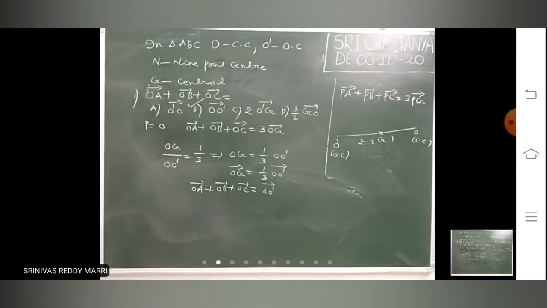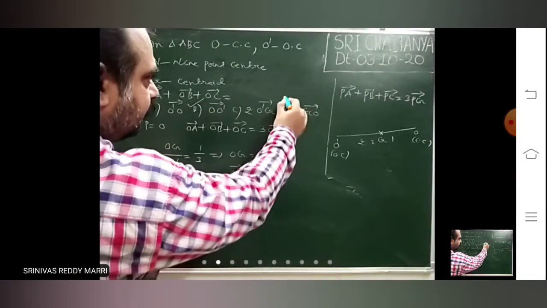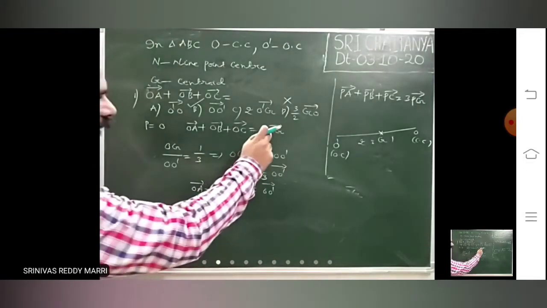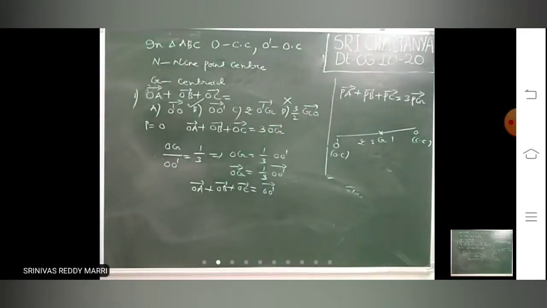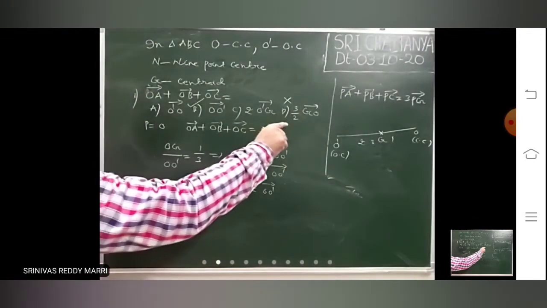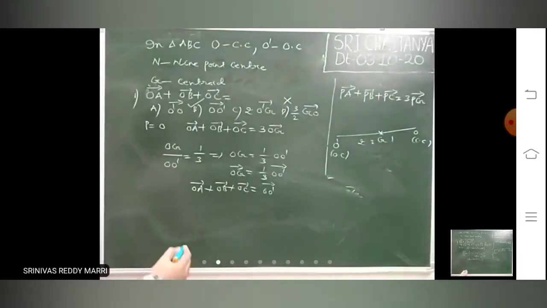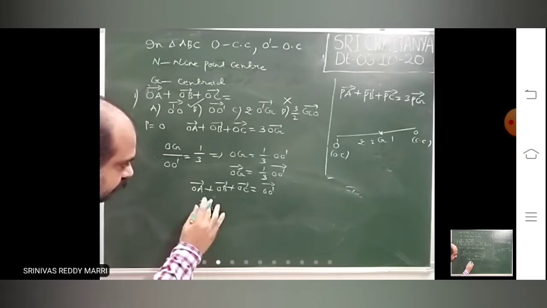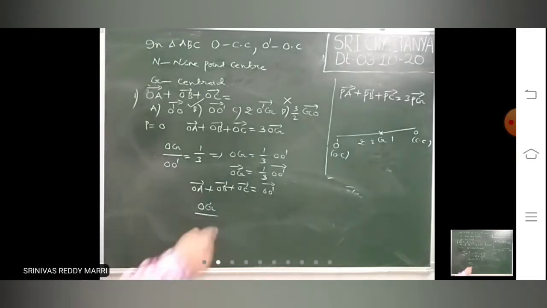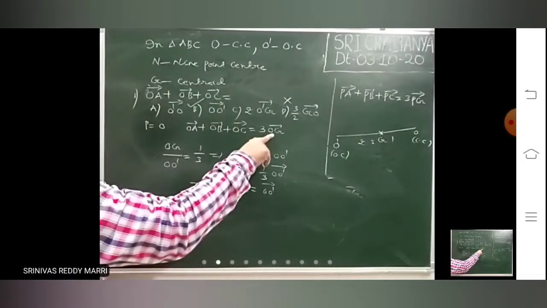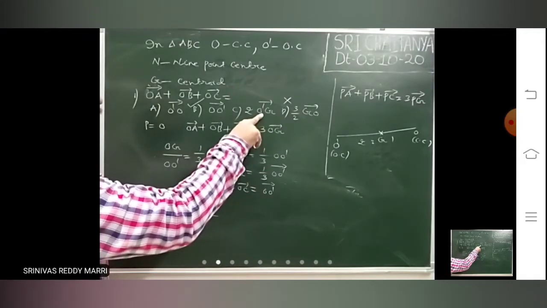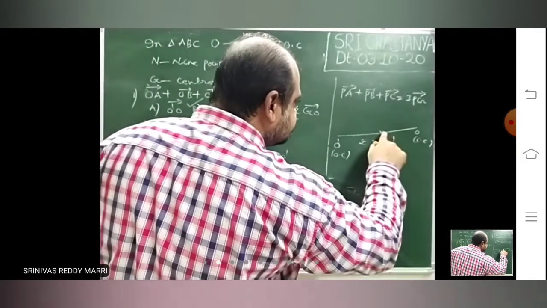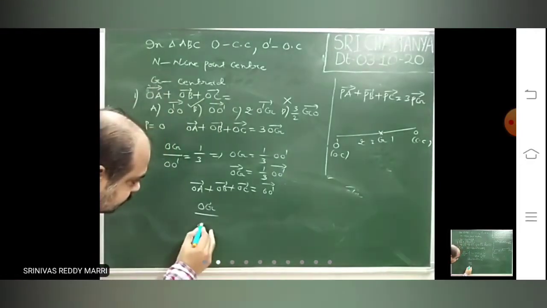And then look at, he is asking one more. This is wrong completely. Now OG, O dash G, multiple answer. Suppose OG, we will find the relation. OG divided by O dash G. Look at OG is this, O dash G is this.